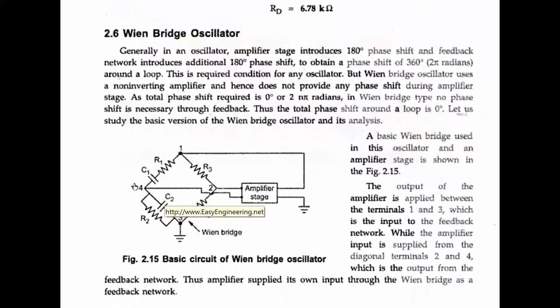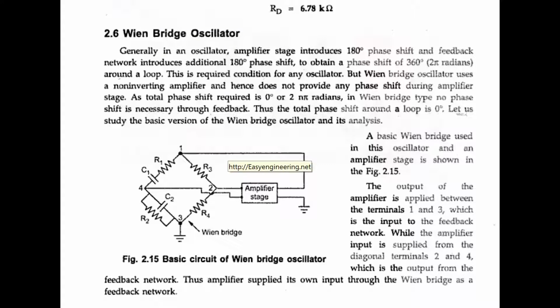It is like this. Now, what is the impedance offered by a capacitor? 1 by j omega c, isn't it? The impedance offered by a capacitor is 1 by j omega c. Omega is 2 pi f.